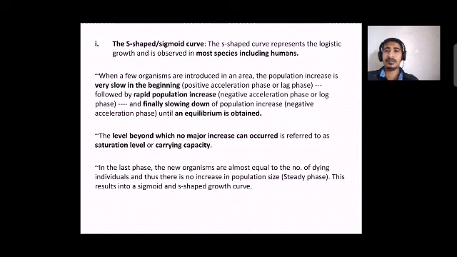The level beyond which no major increase can occur is referred to as the saturation level or the carrying capacity. That means all of the resources of that particular area have been utilized. In the last phase, the number of new organisms is almost equal to the number of dying individuals, and thus there is no increase in the population size. This results into a sigmoid or S-shaped growth curve.